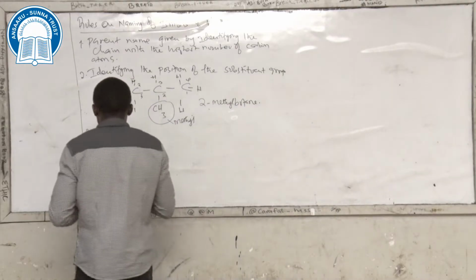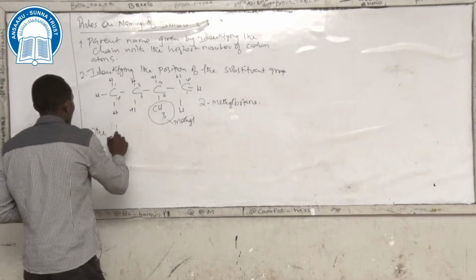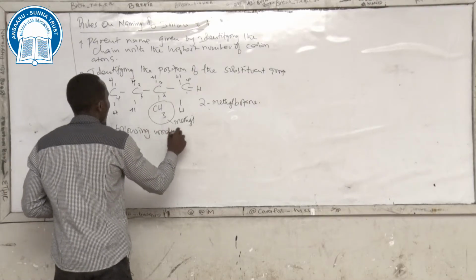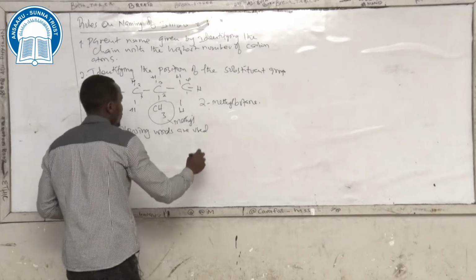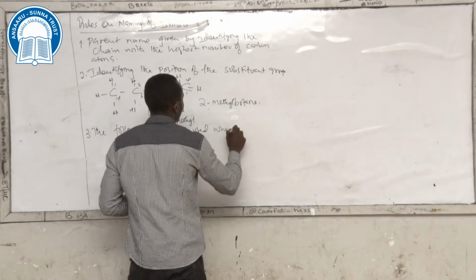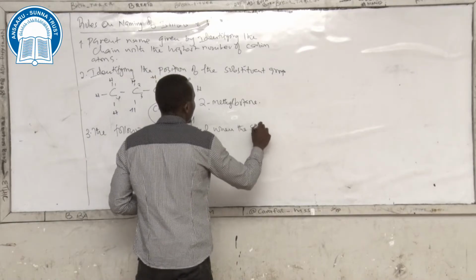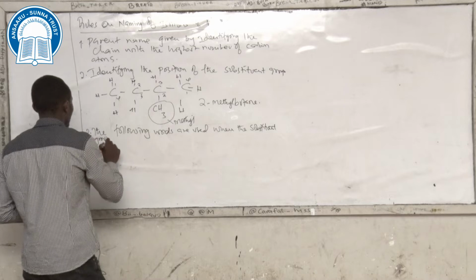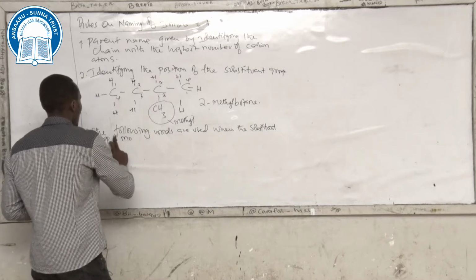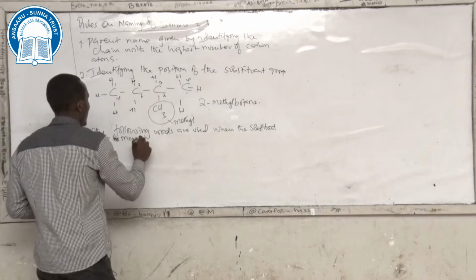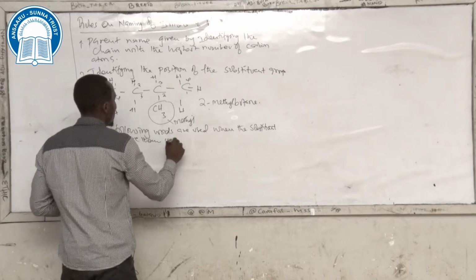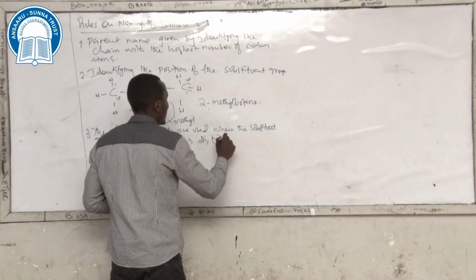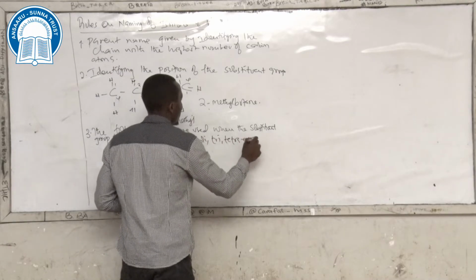So the following words are used when the substituent group is more than 1: di, tri, tetra, etc.